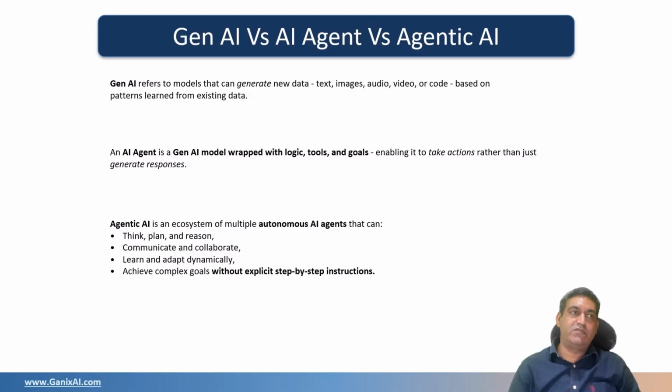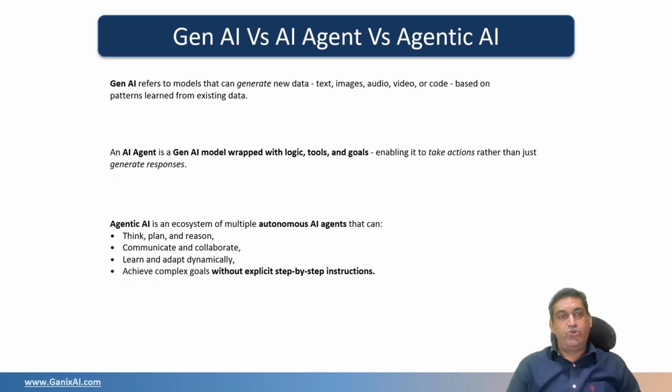If you ask agentic AI to give you a competitive analysis of Ganix AI and a final report, it checks all the competitors of Ganix AI by searching through the internet, generates the insights, creates a report, and even plans the next actions. All of this is done without any step-by-step human intervention.